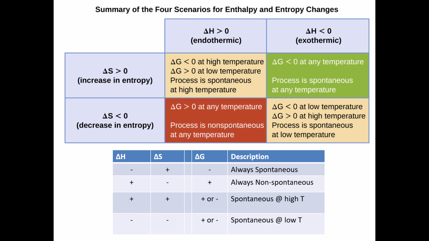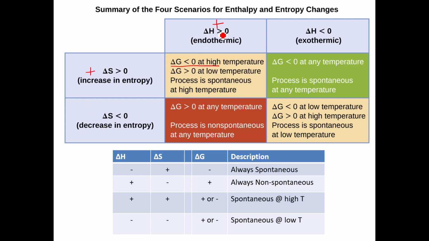Another way to understand these 4 different conditions is in this table format. So here we have delta H across the top, delta S values along the side. So if delta H is positive, we could have also a positive delta S, which would be temperature dependent. At high temperatures, we would have a spontaneous reaction.